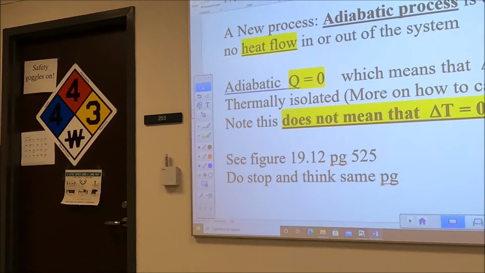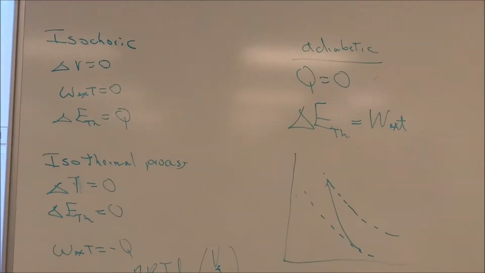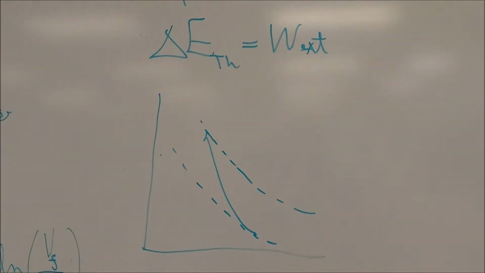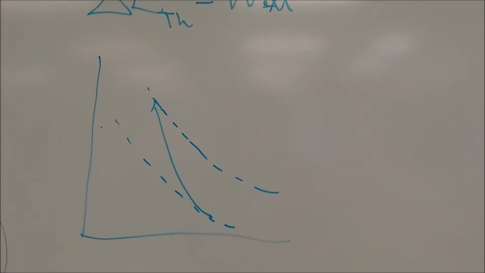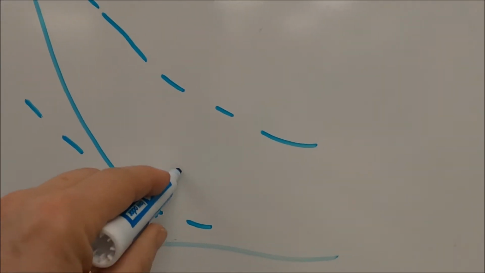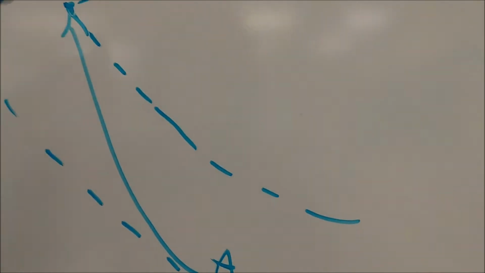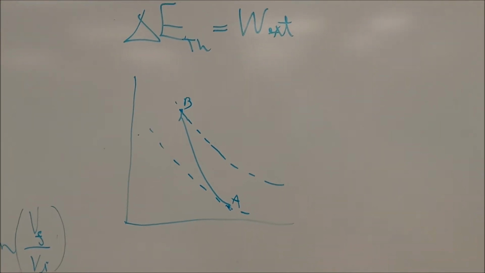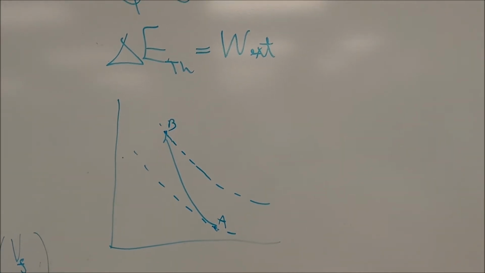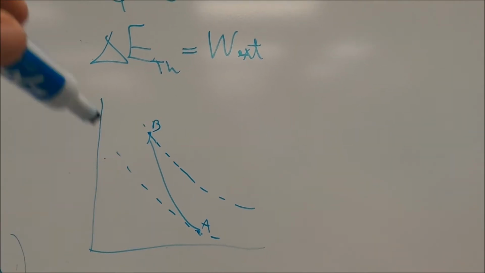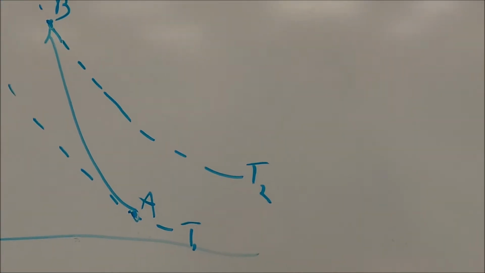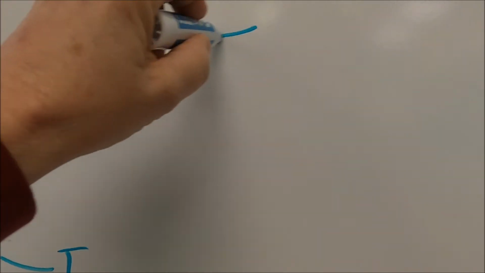Now, my rough sketch: the dotted lines are two isotherms. If I was going to do an adiabatic compression, I would start out here, point A, and I would end up here at point B. Notice that as we compress, as we're doing work on the system, we get an increase in temperature, because this would be T1, this would be T2. T2 is greater than T1.